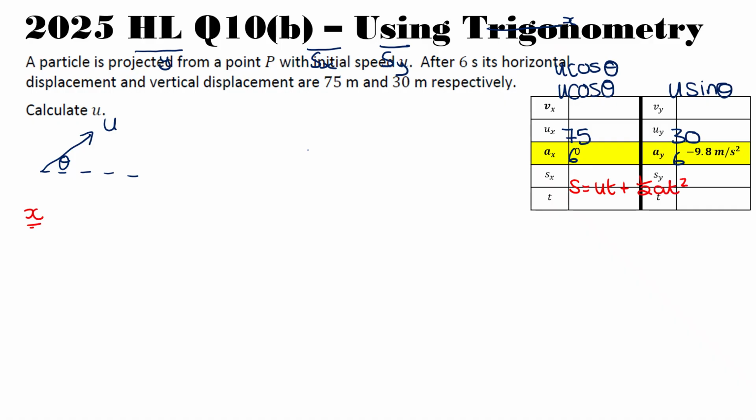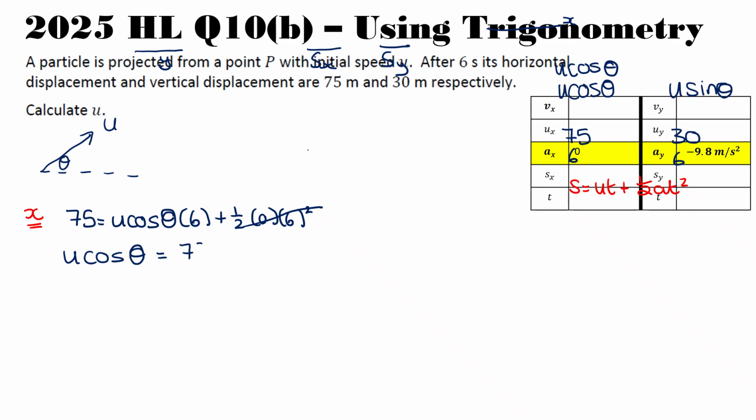In the x direction, that formula becomes S, which is 75, equal to u cos theta times 6, plus a half times 0 times 6 squared. That all disappears and we get u cos theta is equal to 75 over 6.